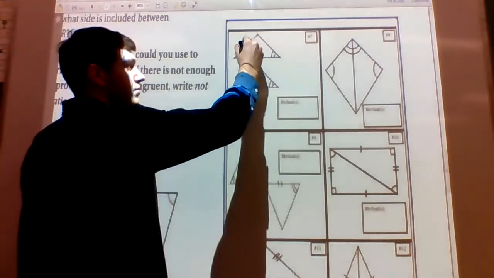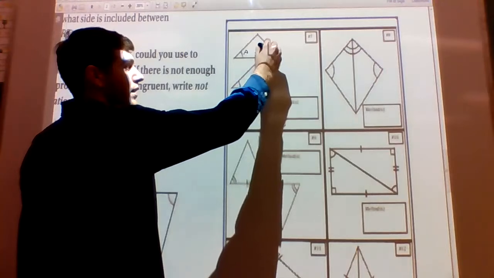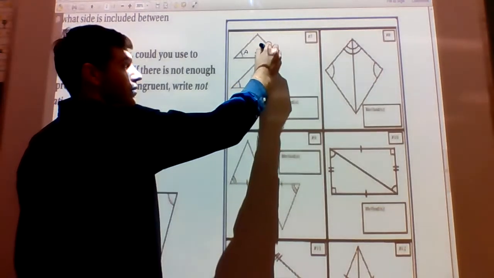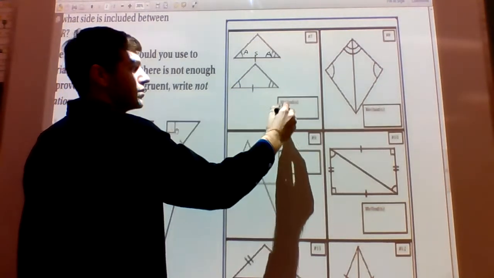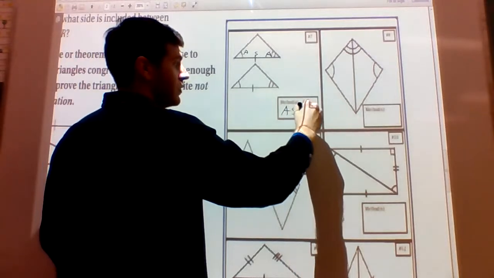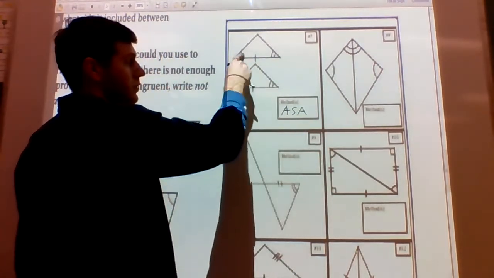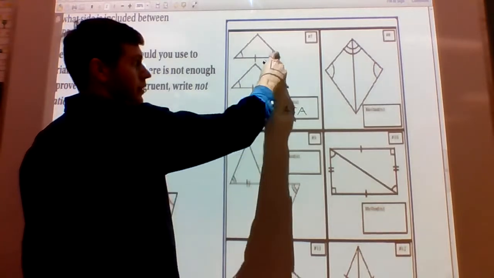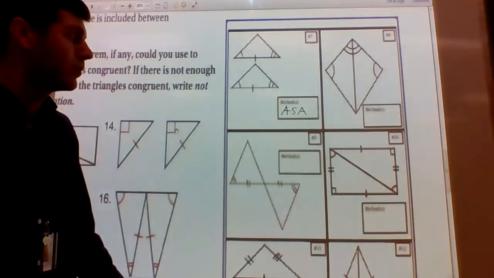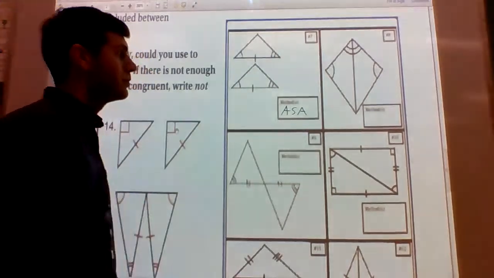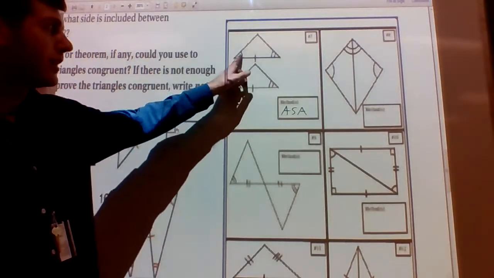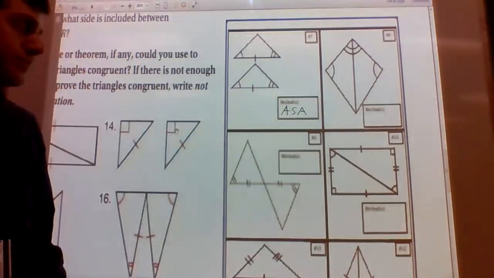We have an angle, a side, and an angle. So again, we go in order. This is going to be angle, side, angle. 2 angles, right? This angle and this angle are congruent. This angle and this angle are congruent. And then we have an included side, a side between the 2 angles. So we have angle, side, angle.